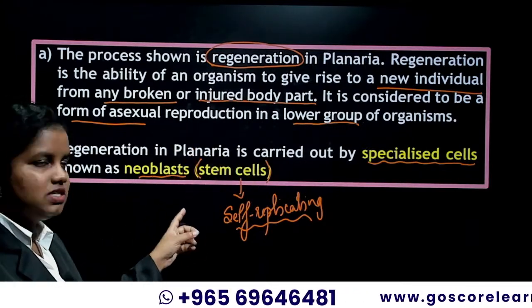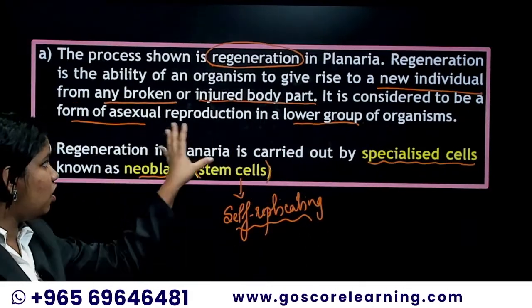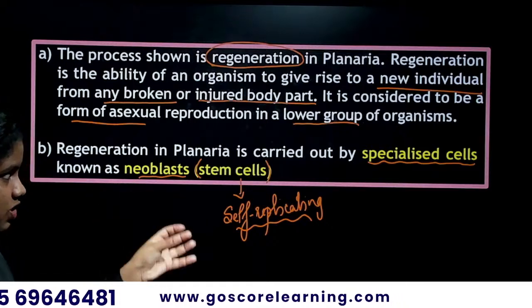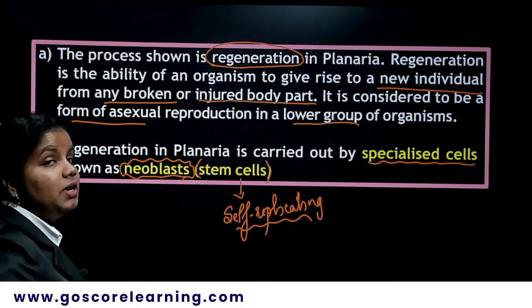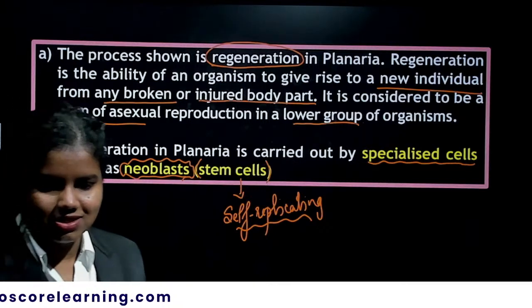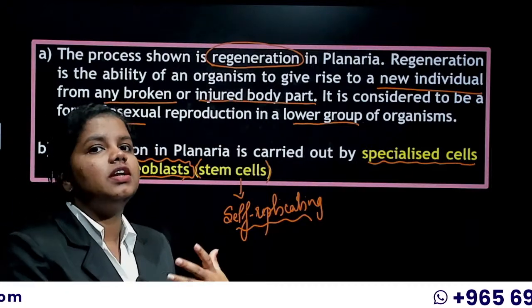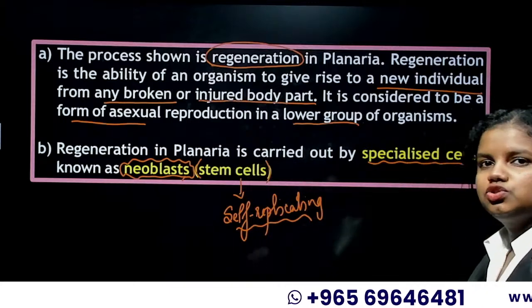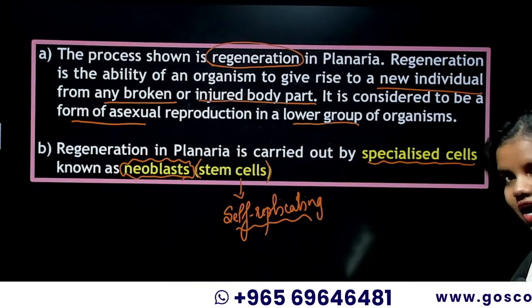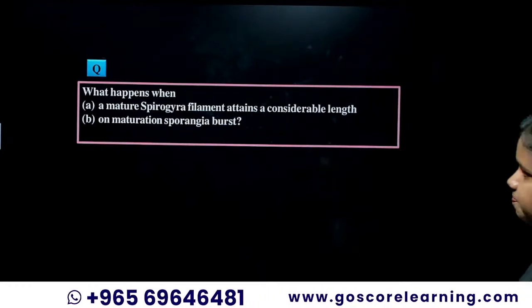Such stem cells, which are called specialized cells in your reader, are actually called neoblasts. And in the regions of the planaria where such neoblastic cells are present, you can see the regeneration capacity. Understood? So regeneration capacity goes to the part of the worm where neoblasts or the specialized cells are present.